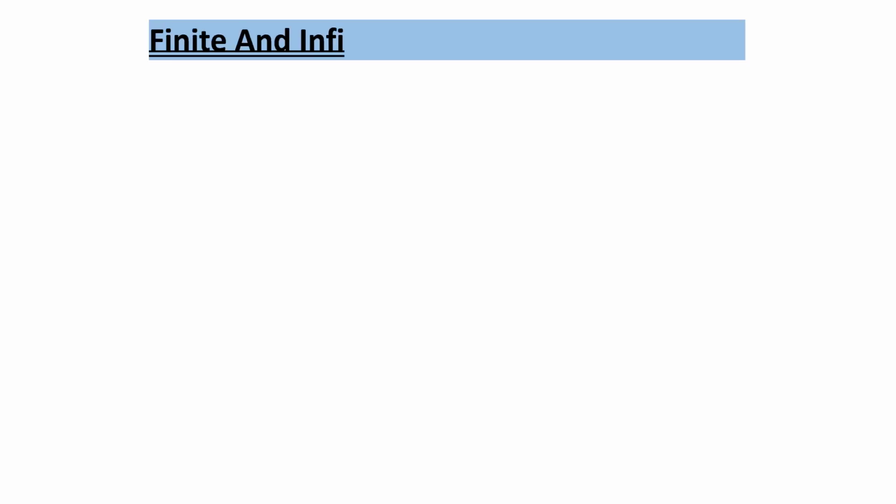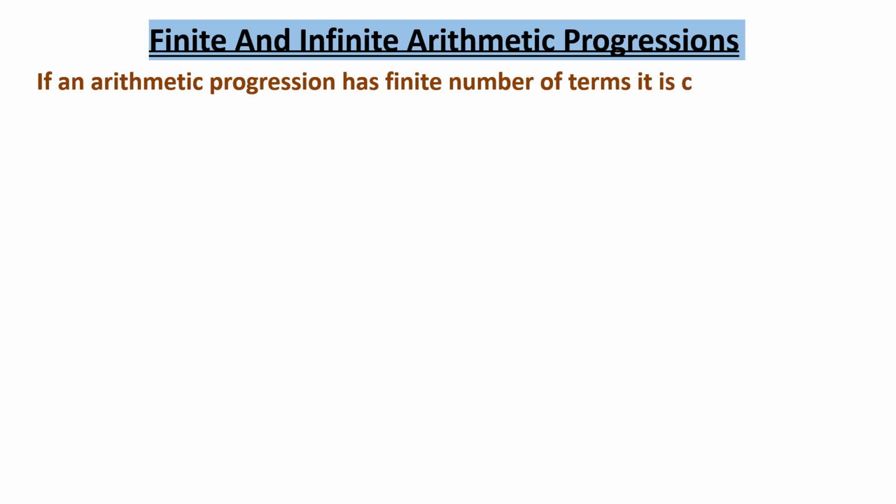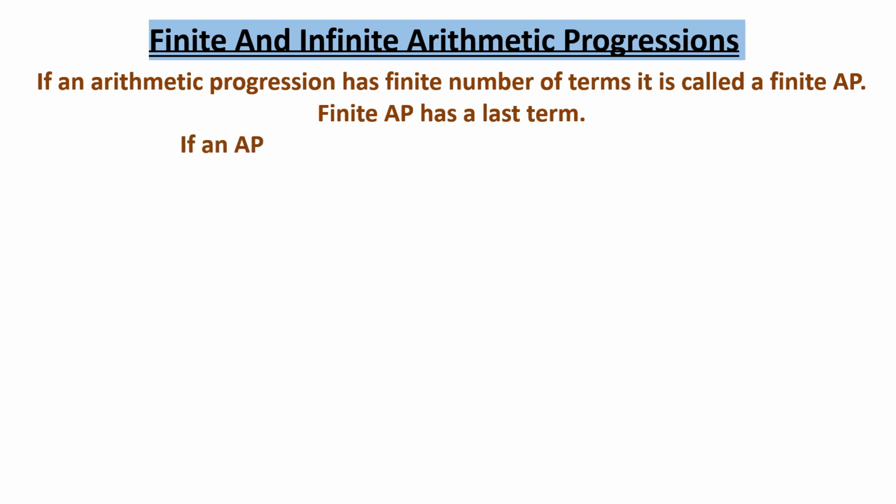Now, let us learn about finite and infinite arithmetic progressions. If an arithmetic progression has a finite number of terms, that is, if the terms can be counted, then it is called a finite AP. Finite AP has a last term.